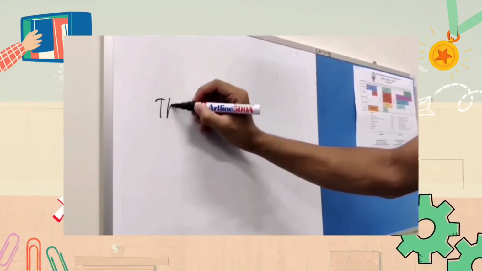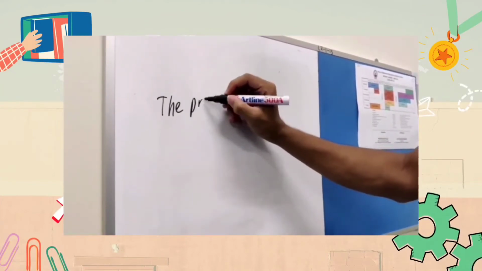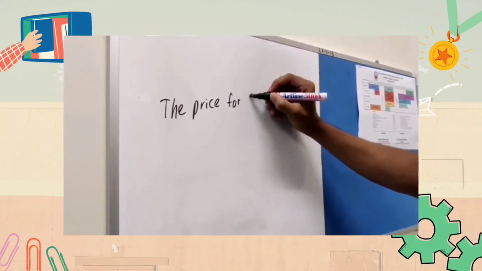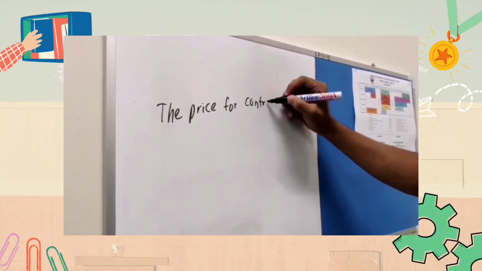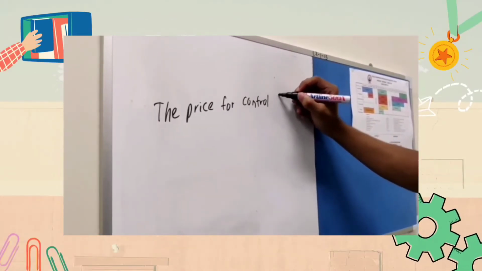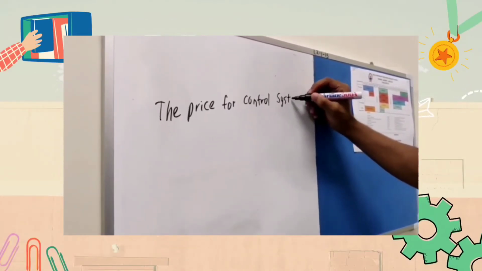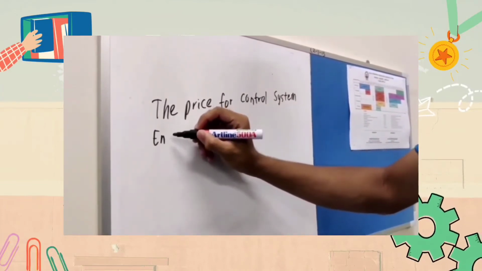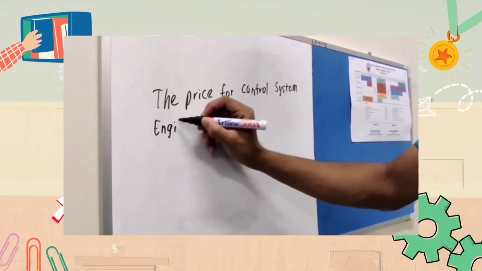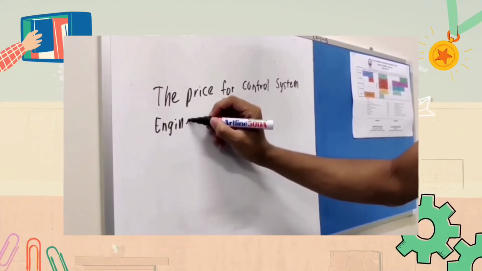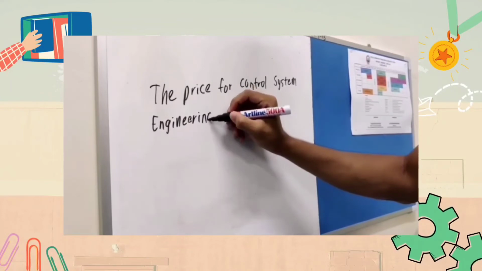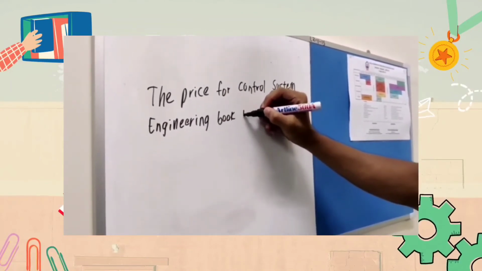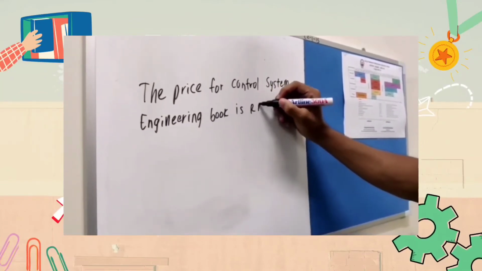The price for the control system engineering book is RM 23.